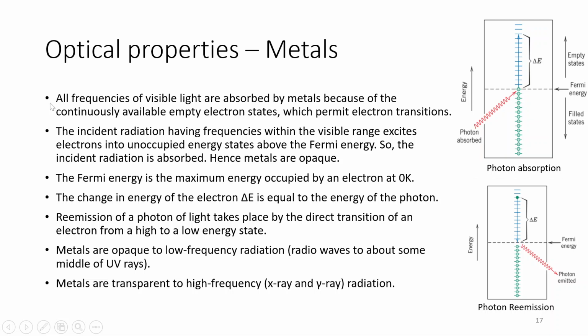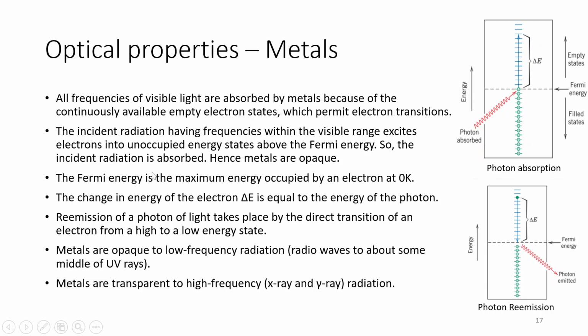So all frequencies of visible light are absorbed by metals because of the continuously available empty electron states which permit electron transitions, and the incident radiation having frequencies within the visible range excites electrons into unoccupied energy states above the Fermi energy.